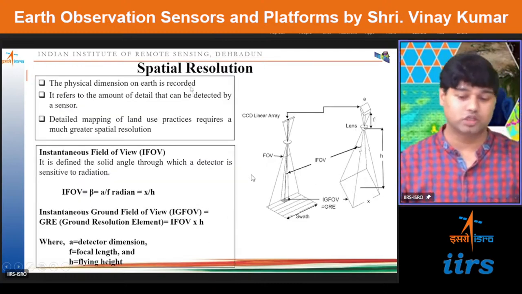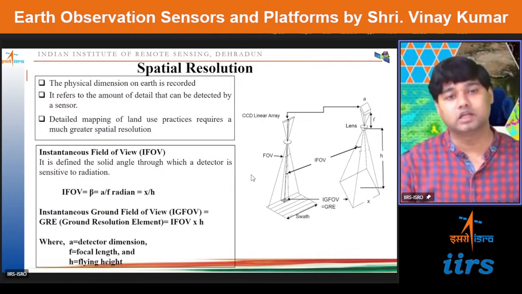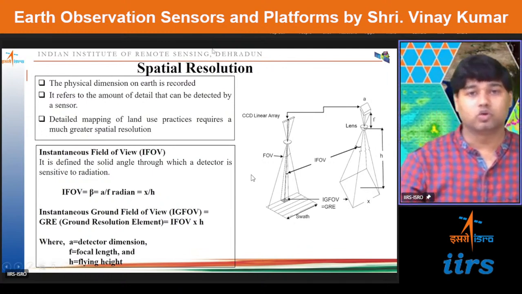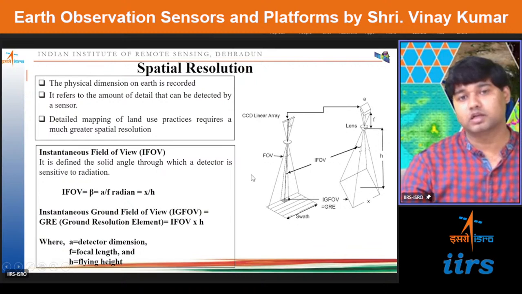So now coming to the spatial resolution. Normally, as I told, spatial resolution is dependent on the instantaneous field of view and height of the platform. Here you can see this is your push broom scanner, and for a single detector, the area observed is shown.